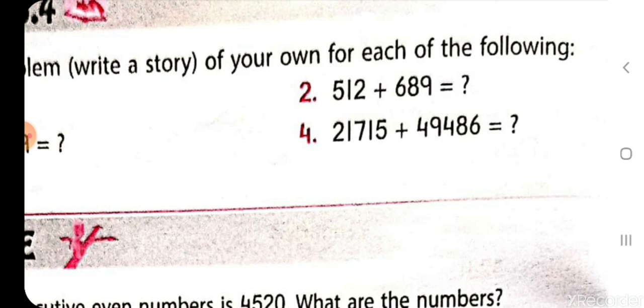Sham has bought a scooter for rupees 21,715 and Rohan has bought a bike for rupees 49,486. Or you can write, Rohan has bought a scooter for rupees 21,715 and a bike for rupees 49,486.